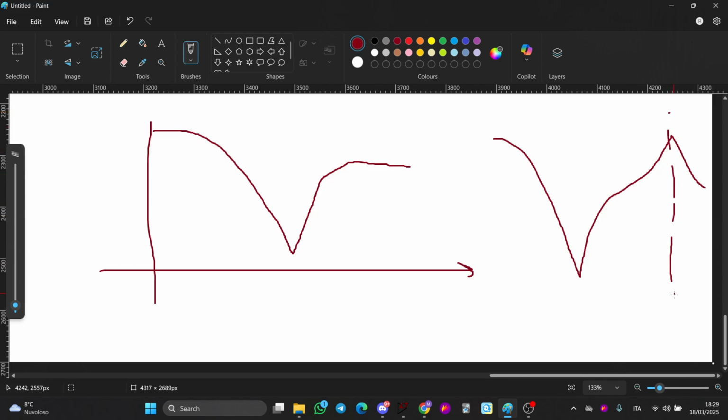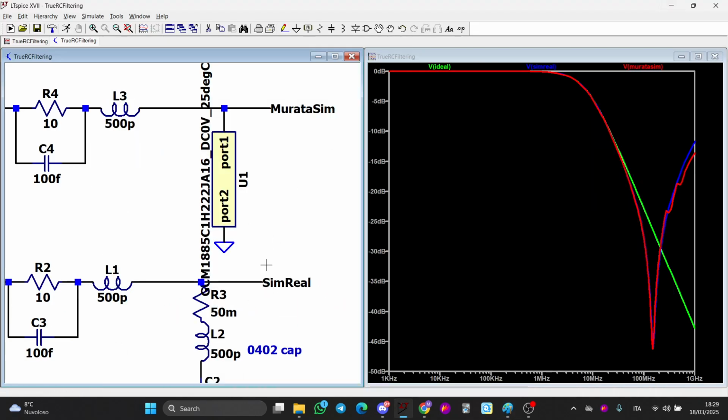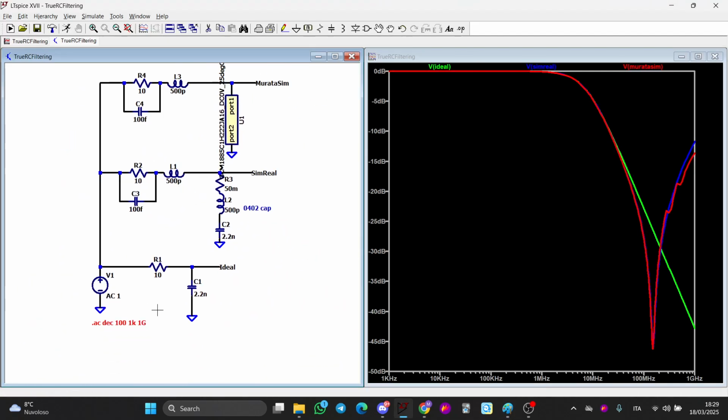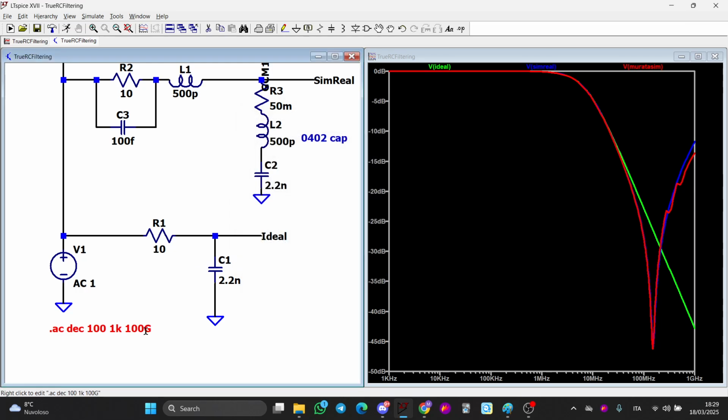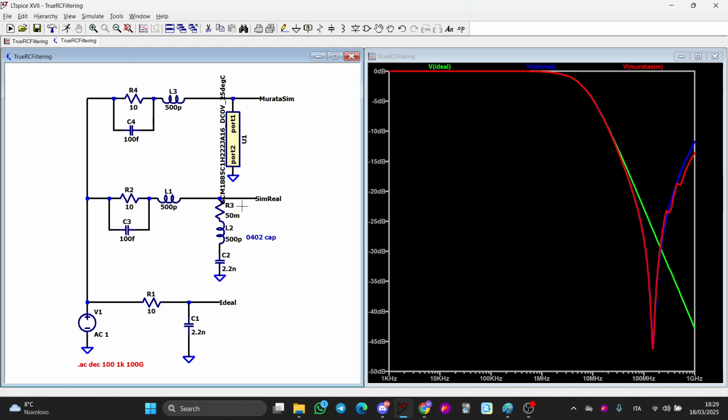But this is in the range of 10 gigahertz, 100 gigahertz, so it's basically useless in most of the cases. You can see it just by prolonging the simulation a little bit to 100 gigahertz. I repeat, I don't see the point for what I do, but it should appear the other one.